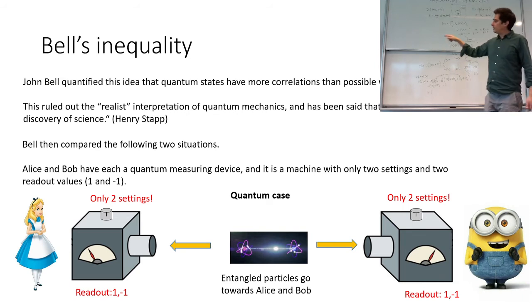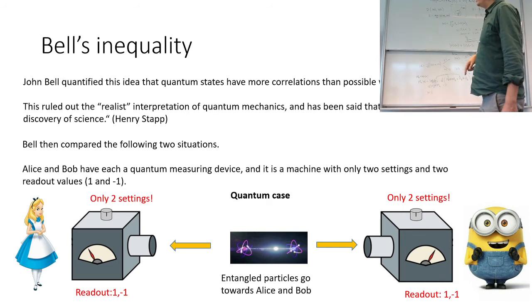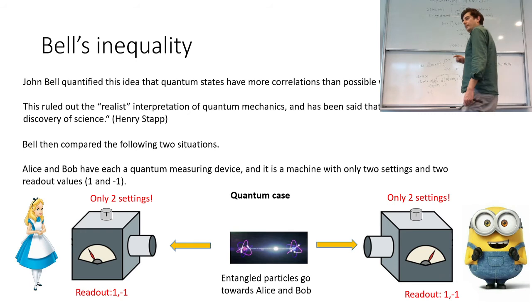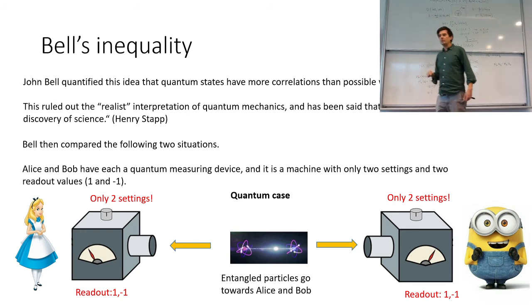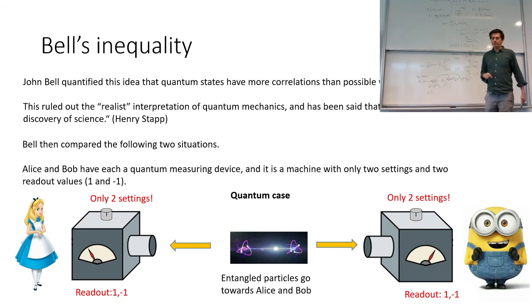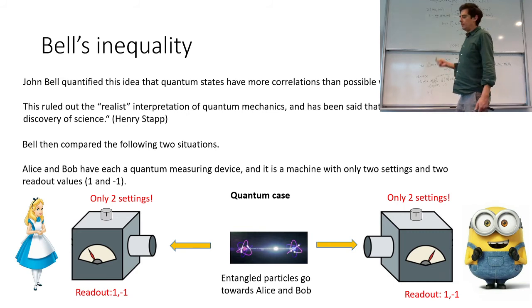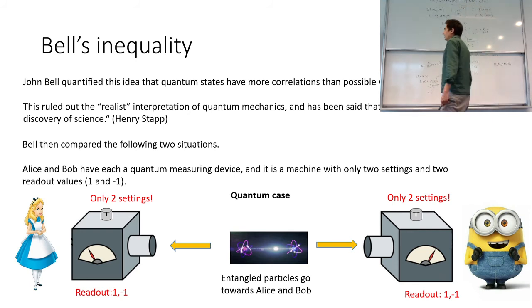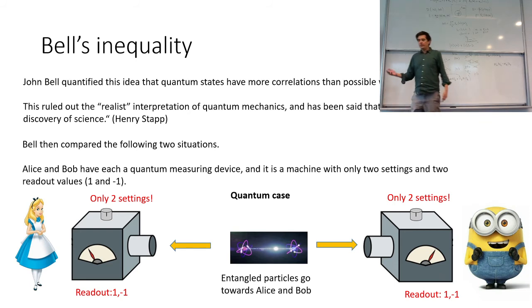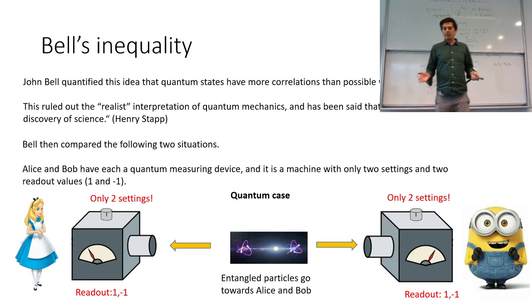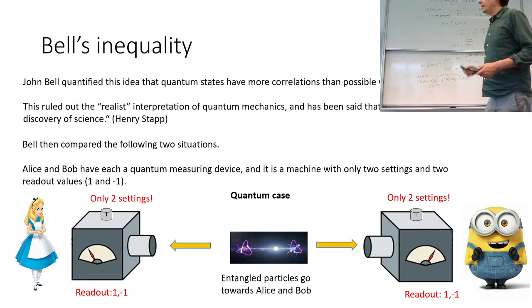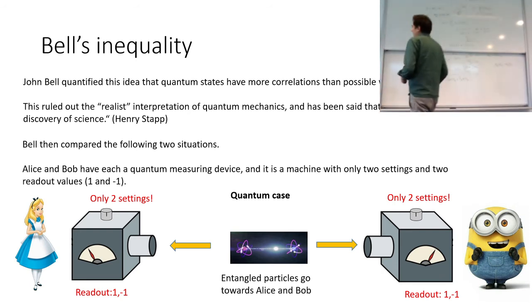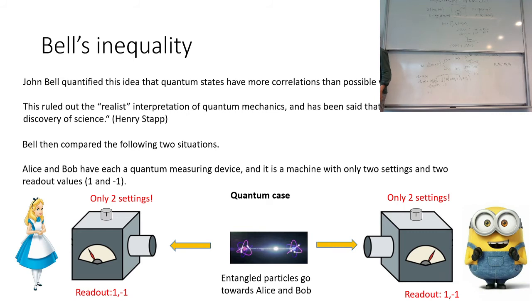So actually Bell's so-called Bell's inequality can rule out that interpretation. It can show, based on quantifiable particular inequalities, that quantum mechanics just cannot be consistent with that realist interpretation. And people really made a big deal of this Bell's inequality.